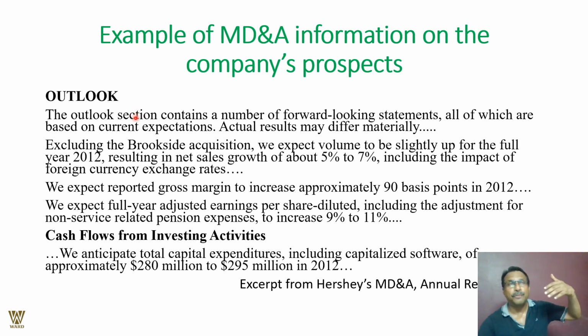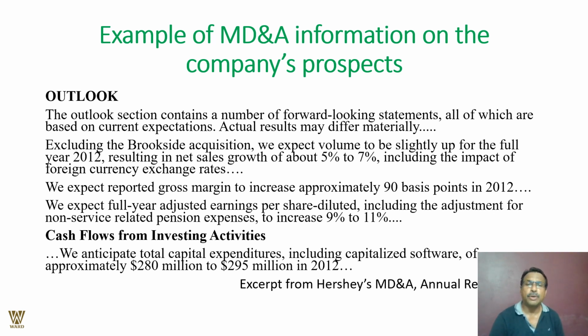What you are perceiving that is going to happen in due course of time. The outlook section contains a number of forward-looking statements, all of which are based on current expectation. Actual result may differ materially. Excluding the Brookside acquisition, we expect volume to be slightly up for the full year 2012, resulting in net sales growth of about 5 to 7%, including the impact of foreign currency exchange rates.